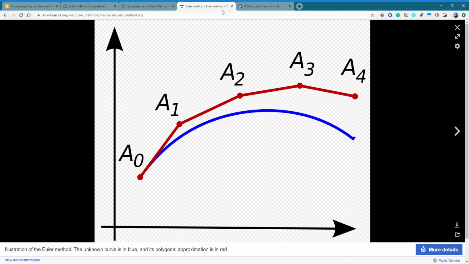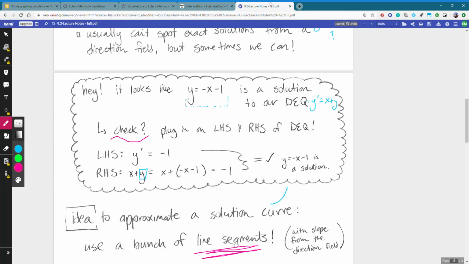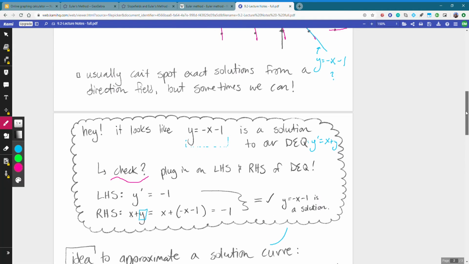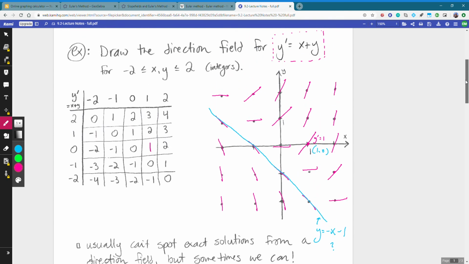And so, a quick picture of what that could look like using our direction field. Let's imagine here that we are starting right at the origin.